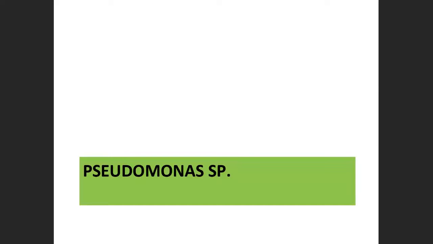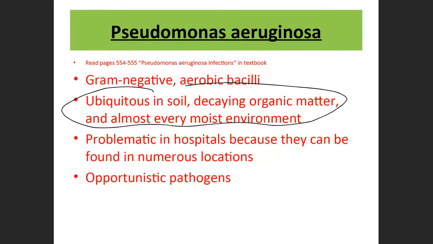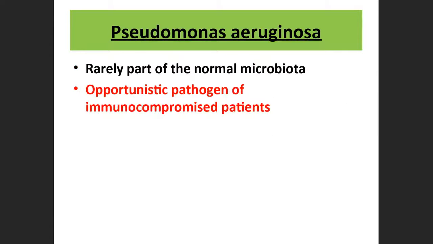Okay, and the last of the gram-negatives we'll talk about will be Pseudomonas, which is a gram-negative aerobic rod. Enterobacteriaceae were facultative anaerobes. This is aerobic. It is ubiquitous in the environment. It is problematic in hospitals. It is definitely an opportunistic pathogen, especially with immunocompromised patients.